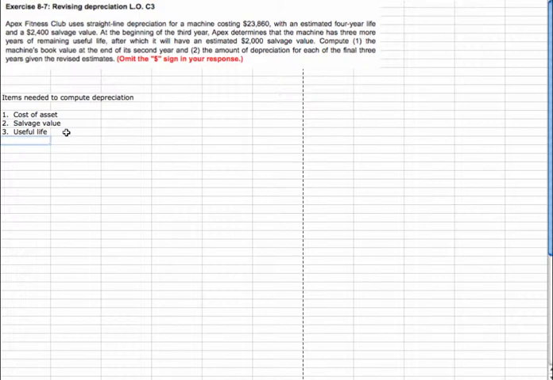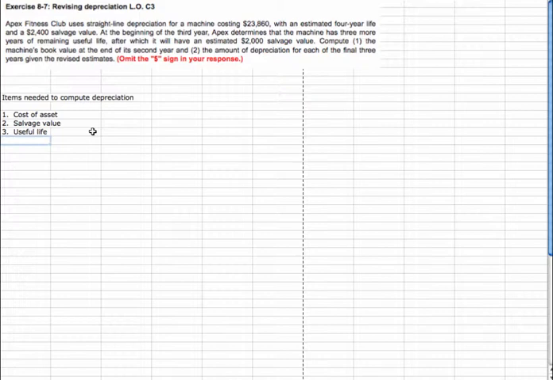If you decide to change your depreciation amount because either the salvage value or the useful life changes, or we've added to the cost of the asset, we do not go back and correct our depreciation, but rather we take the book value at the time of the change in estimate and then recompute our depreciation going forward.